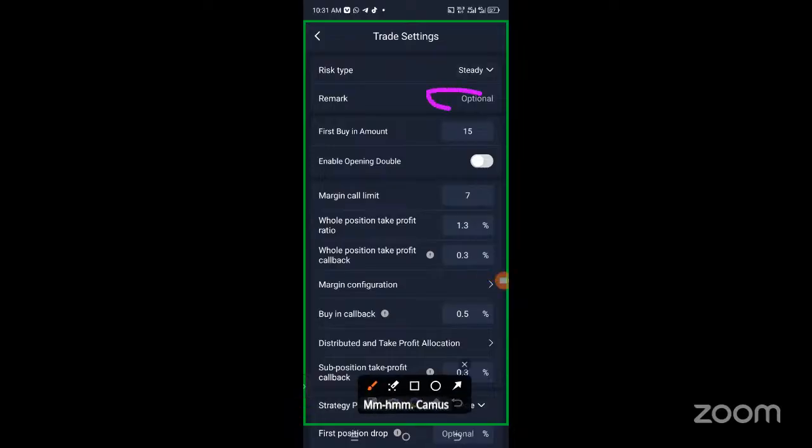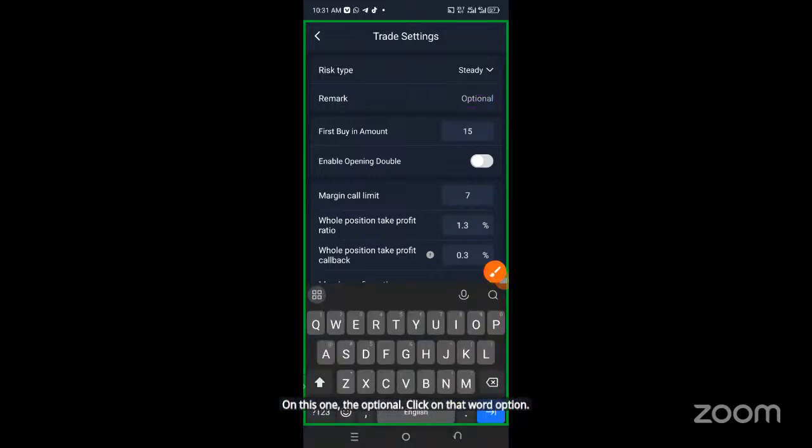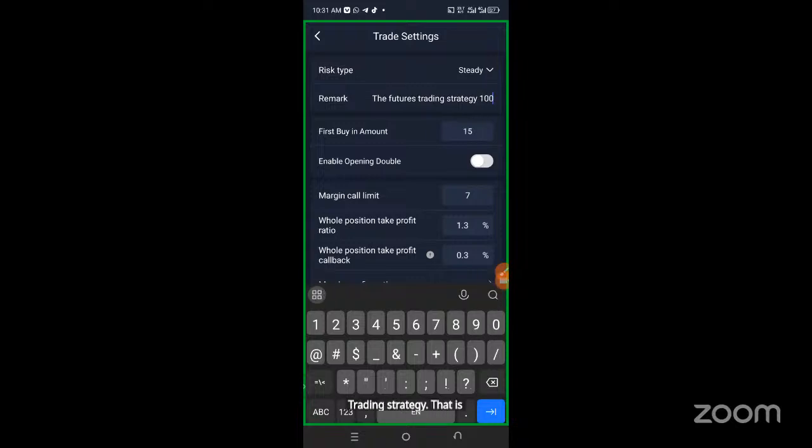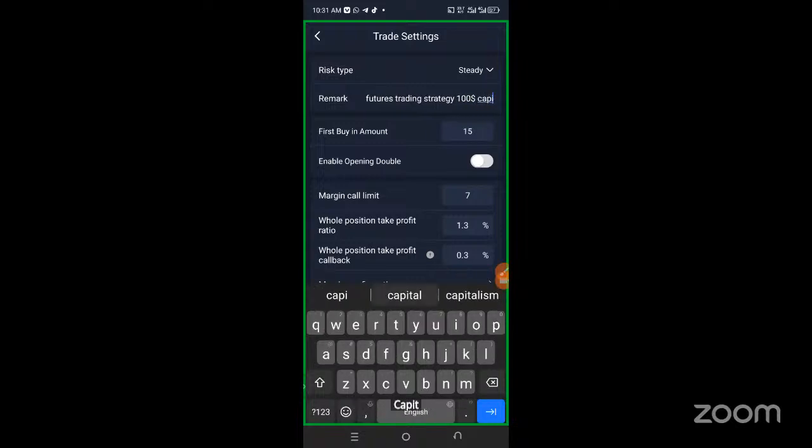Come here on this word "optional" and click on it. Put in the futures trading strategy, $100 capital.